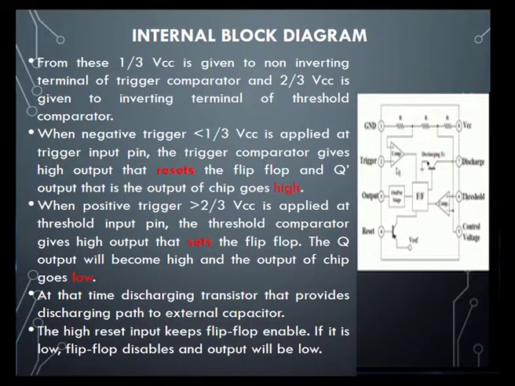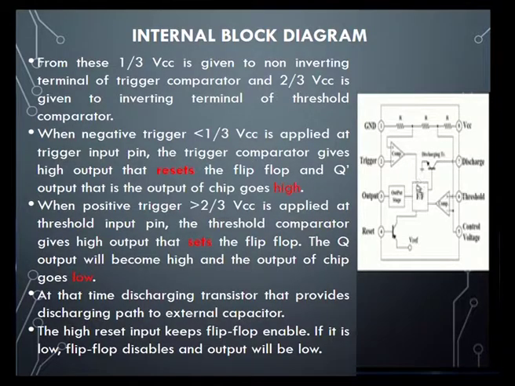The non-inverting inputs are connected to the voltage divider circuit, and pin number 2 of the IC connects to the inverting input of the trigger comparator. In the threshold comparator, pin number 6 is the non-inverting terminal, and the inverting terminal is connected to the control voltage.